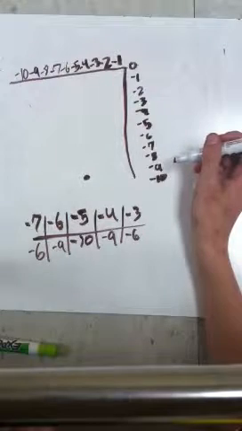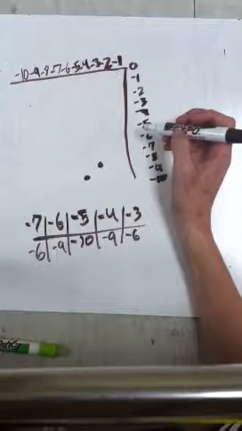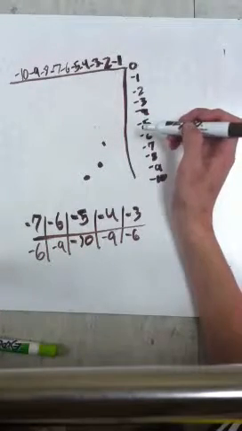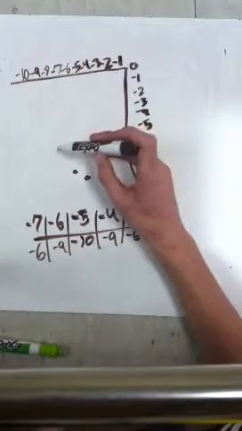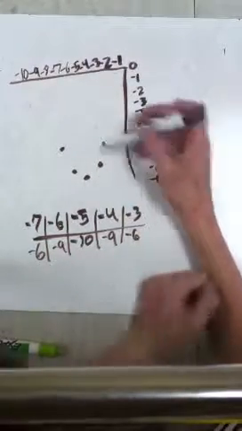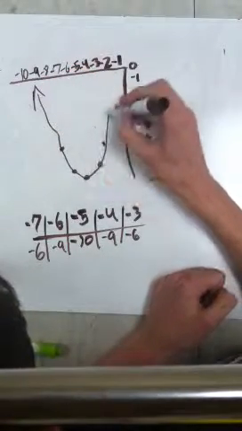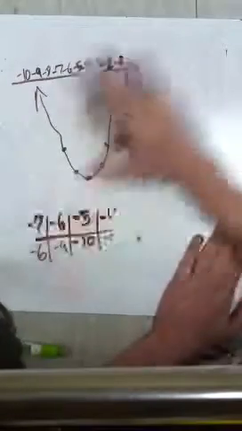Then we're going to do negative 4, negative 9. And then negative 3, negative 6. And then negative 6, negative 9. And then negative 7, negative 6. And now we're going to connect the dots. And that's it.